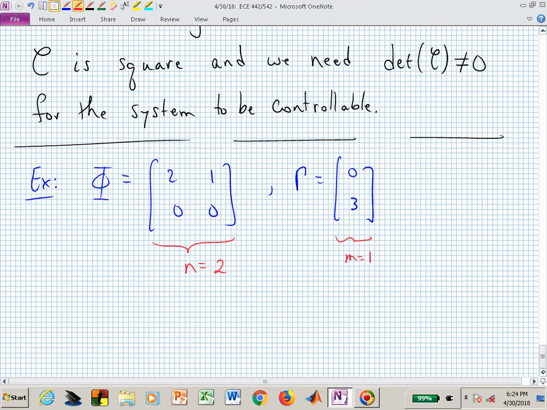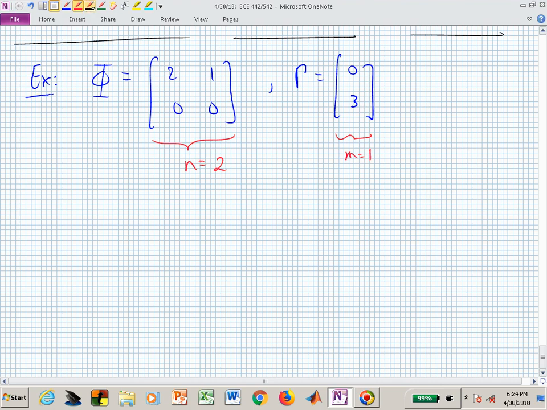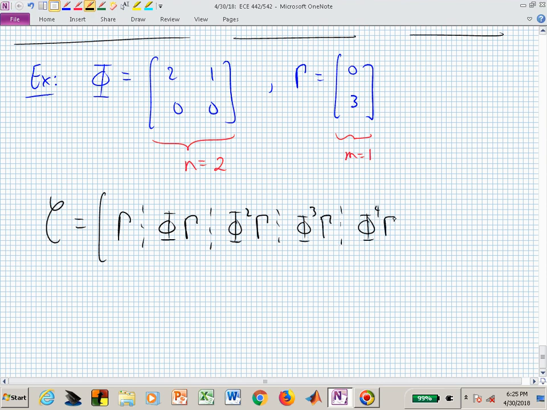Now, with those matrices, what does the controllability matrix look like? Stop me whenever you want. I didn't need to put that many columns in, did I?